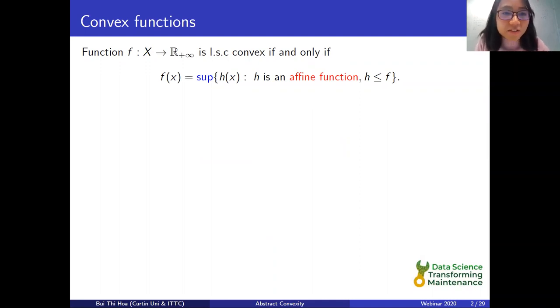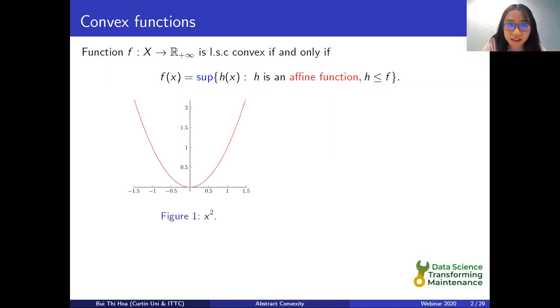So many key results in convex analysis actually come from two key factors. The first one is the supremum operator, and the second factor is the set over which the supremum is taken. So this is the set.